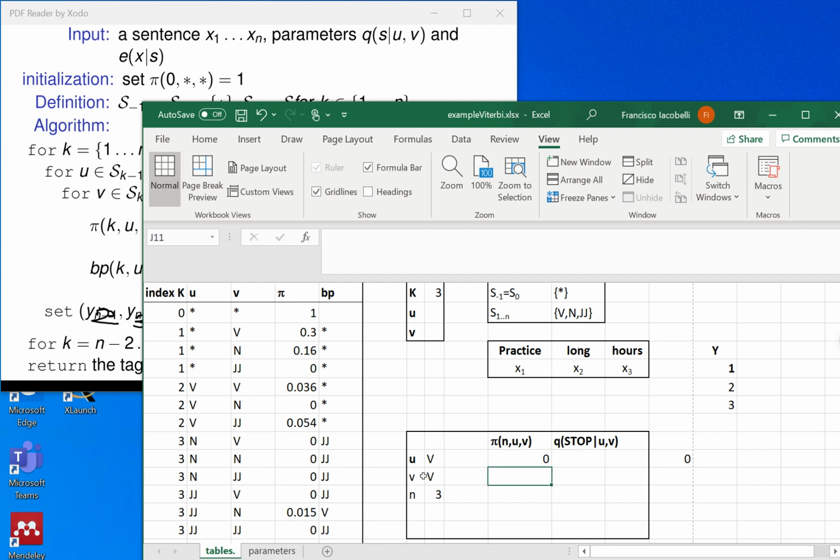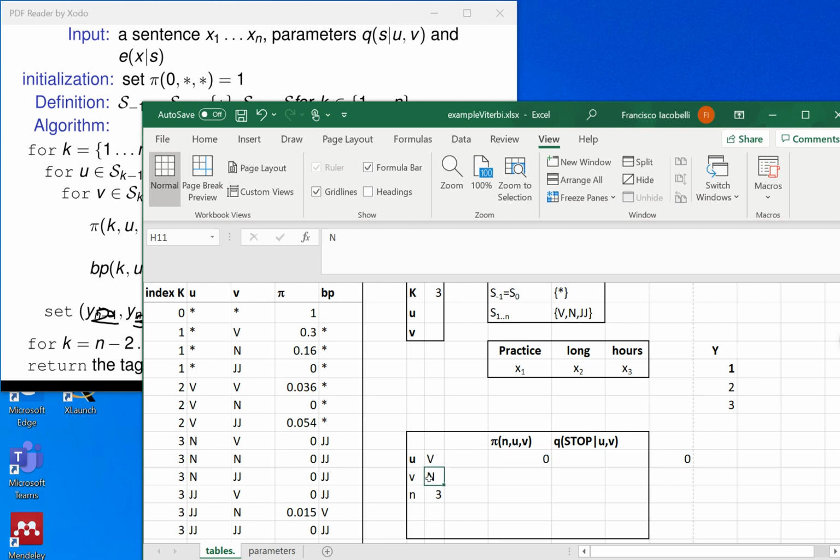That's 0. Now I'm going to increase v to n, and look at pi of 3, v, n. Not here, so it's 0. It's still 0.